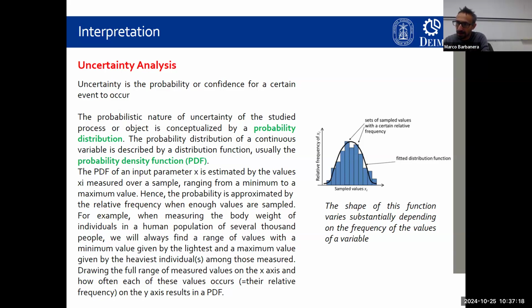First of all, we can define the uncertainty. Uncertainty, as you can read in the slide, is the probability or confidence for a certain event to occur. This is the general definition of uncertainty.